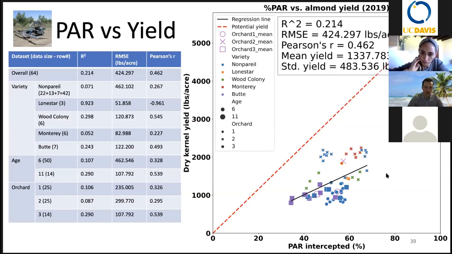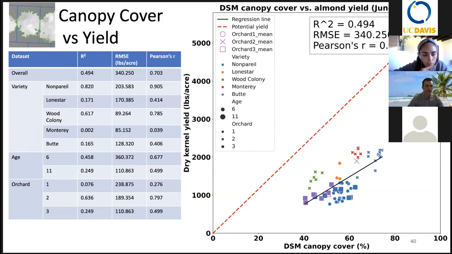We can see all of these orchards performed not as well as an optimum orchard, and we can estimate yield with a 424 pounds per acre error. But compare this with canopy cover versus yield. So first of all, the R-square improved significantly, then the error decreased significantly.